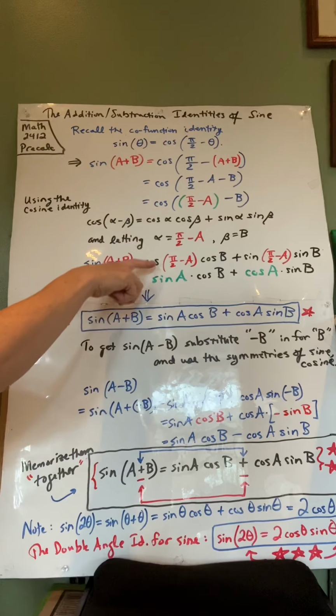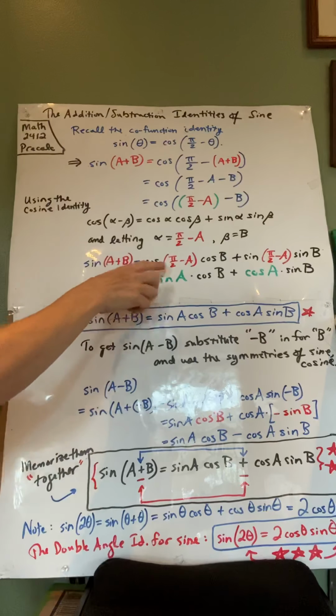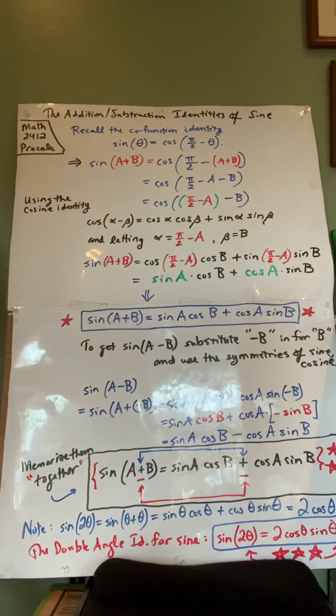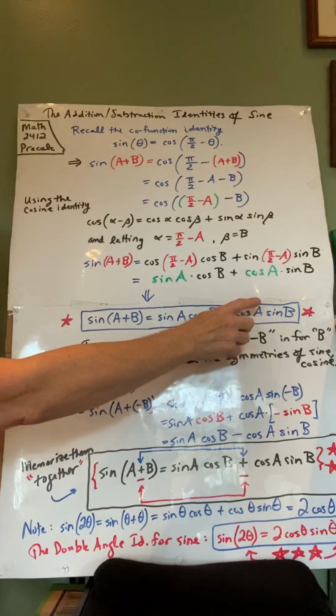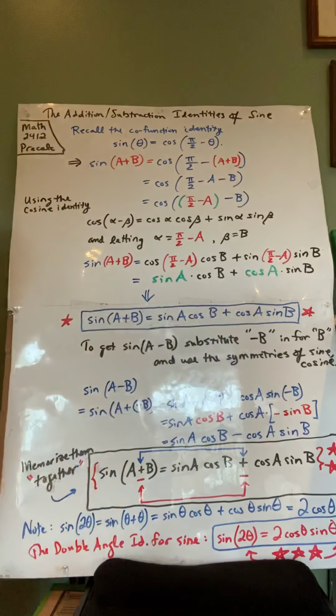What is the cosine of a complement of an angle? That's just the sine of the angle, by the definition of what a cosine really means. And the sine of the complement of an angle, by our cofunction identity, that's the same thing as the cosine of the angle.